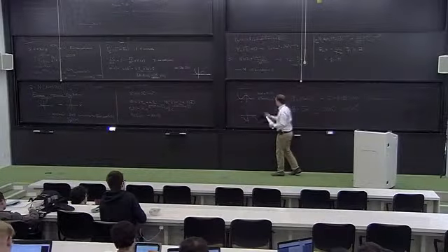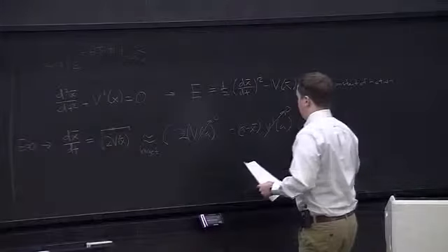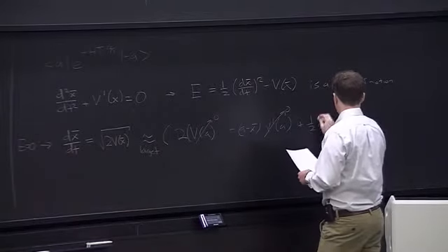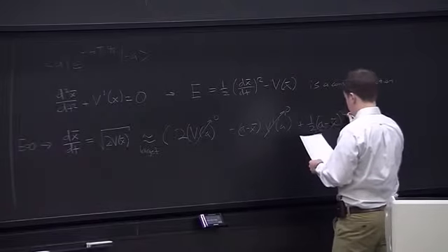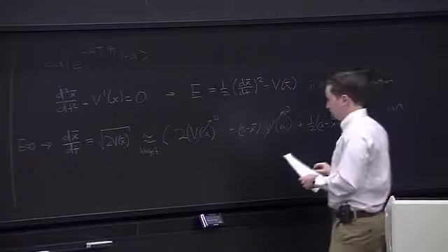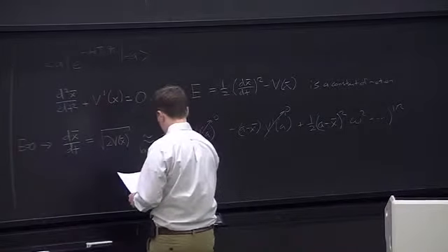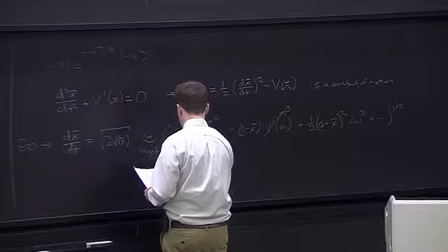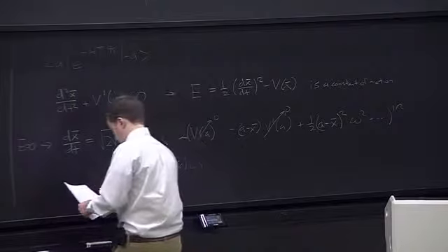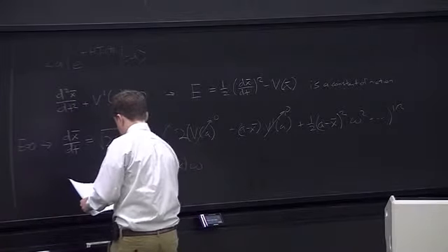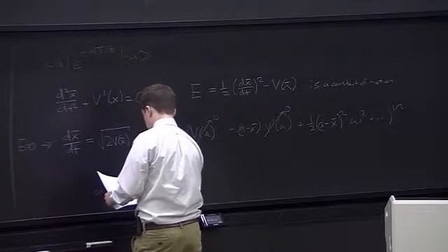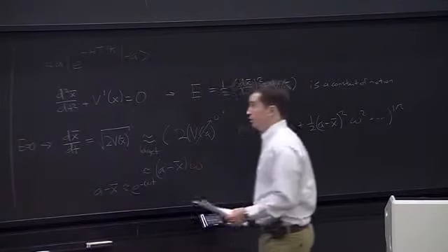A maximum here, a minimum here. And so the first term that survives is the quadratic term. So this is approximately (A minus x) omega, which tells us, just integrate this equation and get that A minus x is approximately e to the minus omega t for large t.